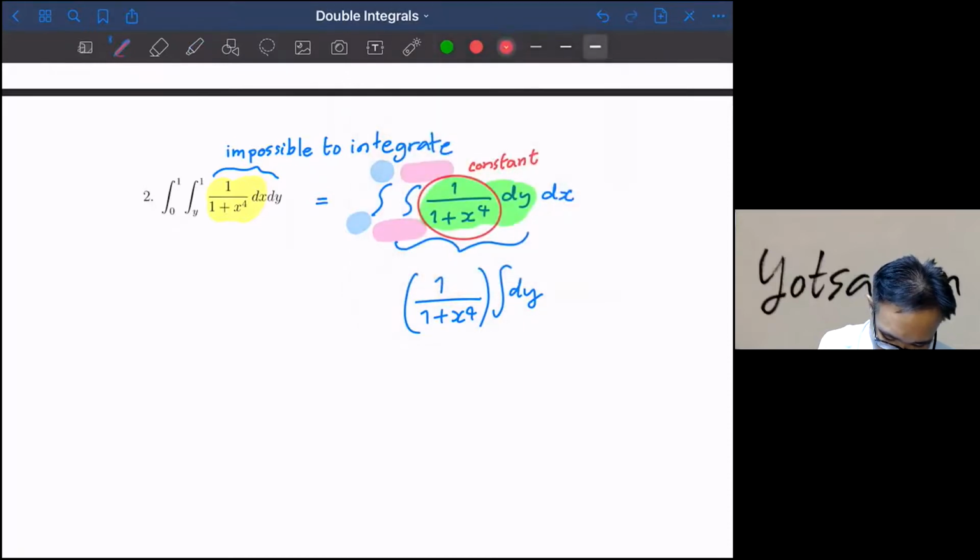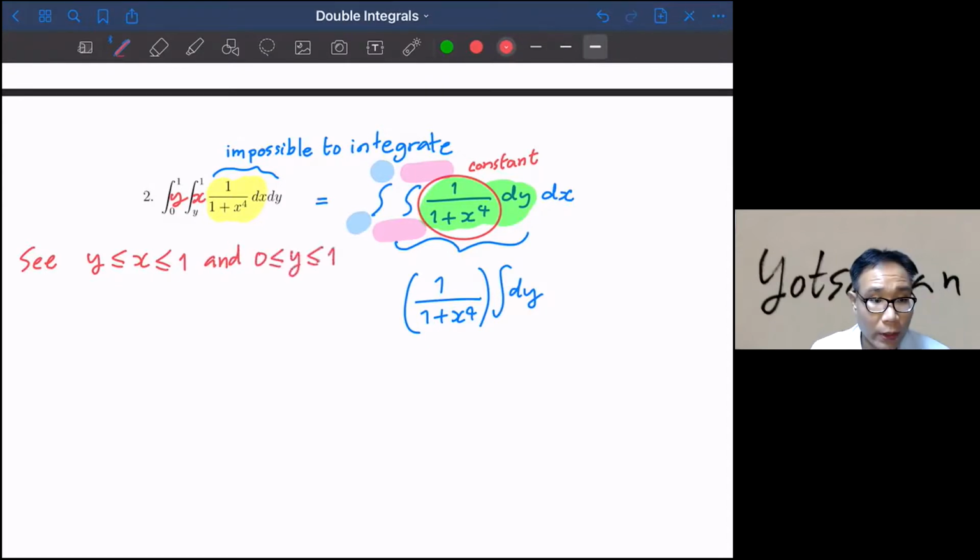So you have x and you have y. With y less than x, x less than 1, you have y between 0 and 1 and x between y and 1.